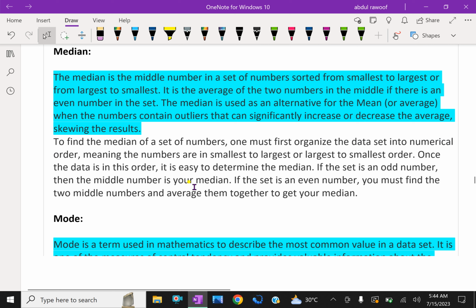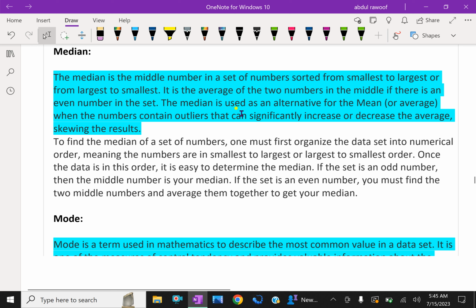Next, what is median? The median is the middle number in a set of numbers sorted from smallest to largest or from largest to smallest. That means ascending or descending order. In that, you have to find the middle number. It is the average of the two numbers in the middle if there is an even number in the set.